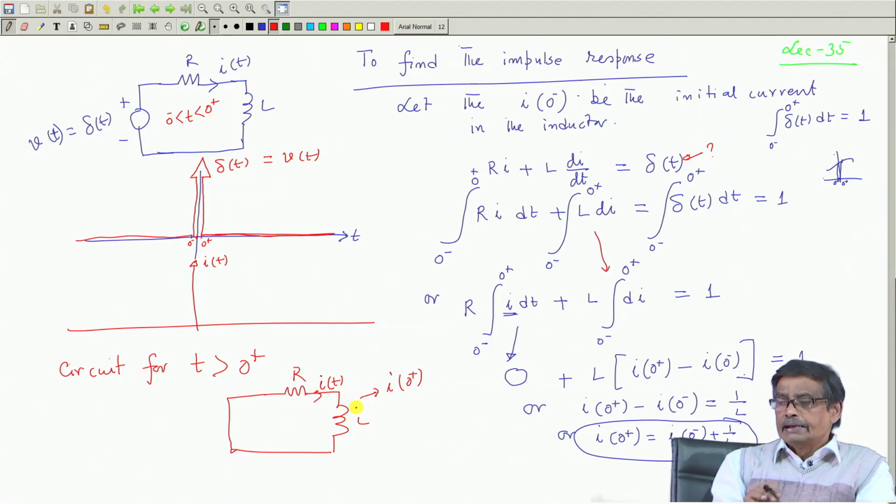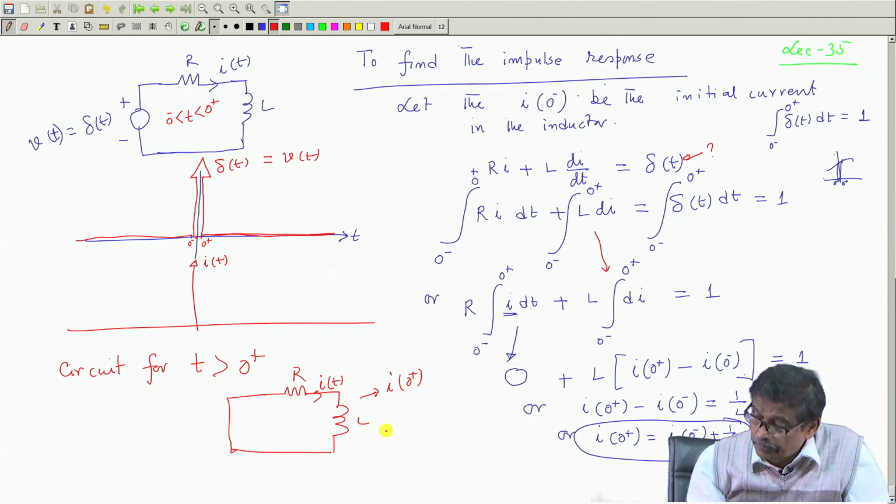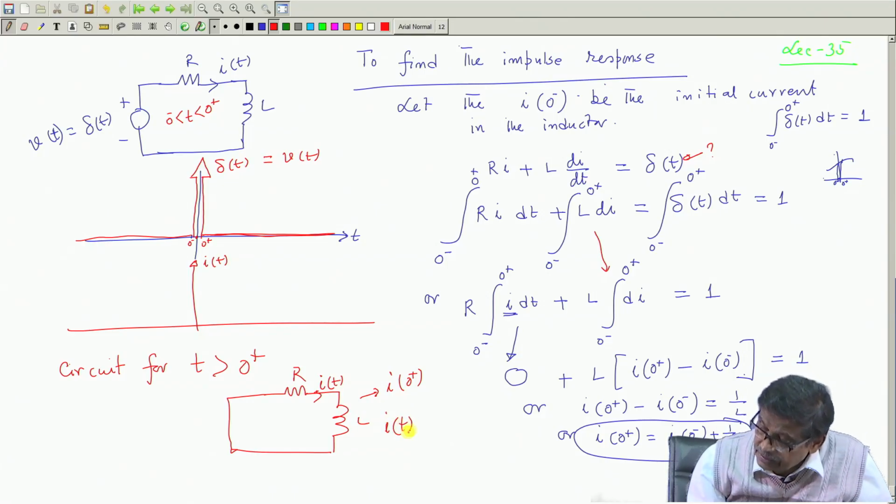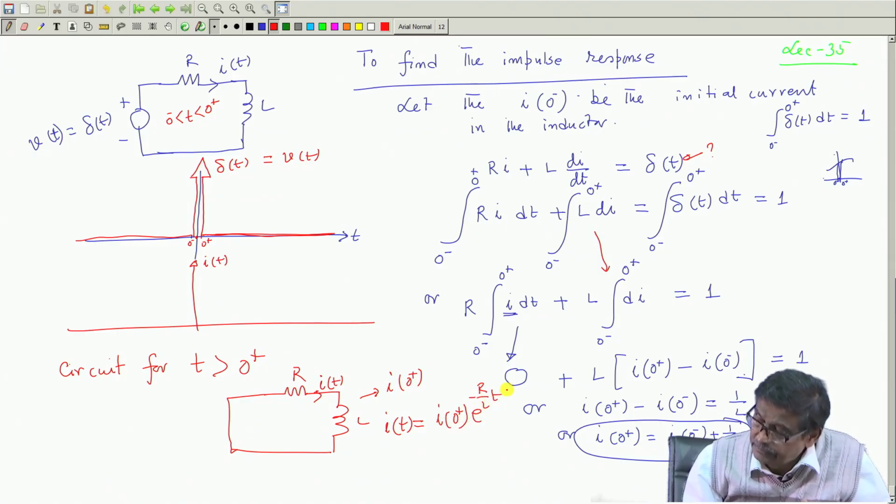and therefore, this problem we have solved, an inductor having some initial current shorted. So, the response of the current I t, which I am not solving now, will be that initial current into e to the power minus r by L into t.